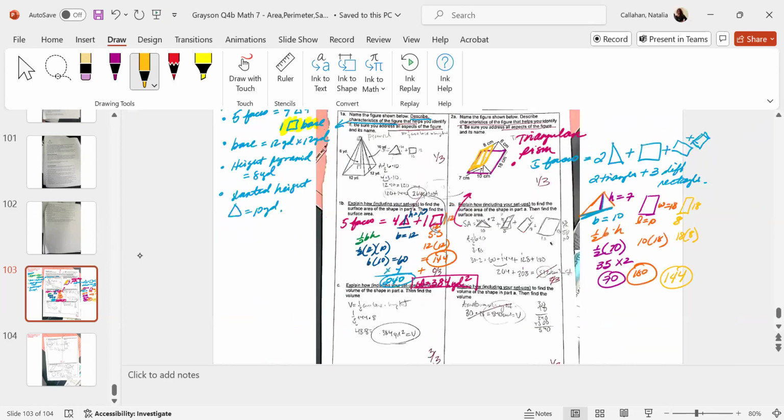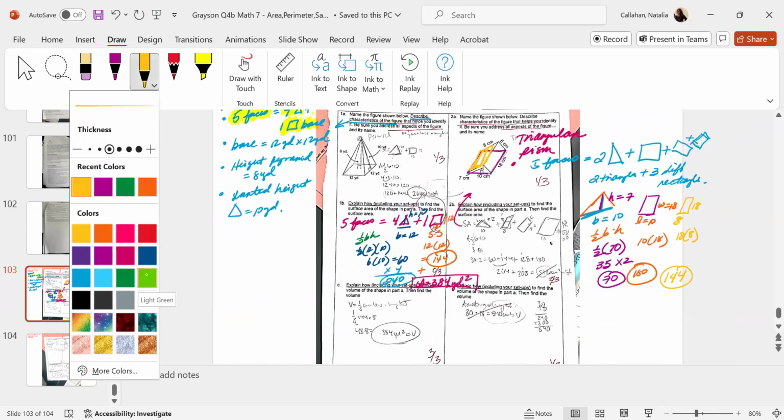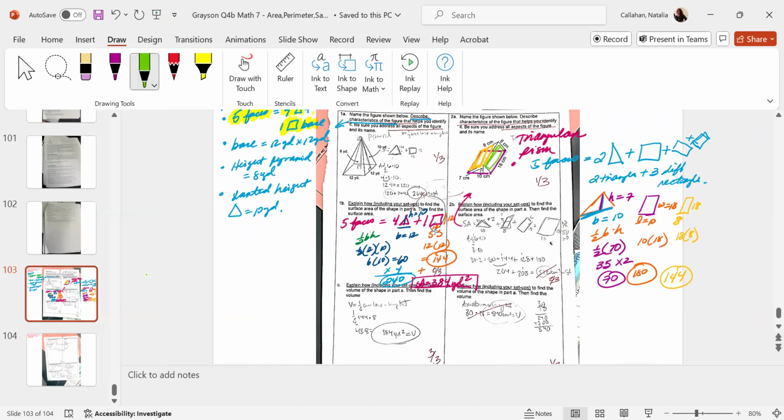Good. Then your last one, which I'm just going to use green. It's this green one. Do you see this green one? This green one right here is going to be, and then we're going to add everything together, right?